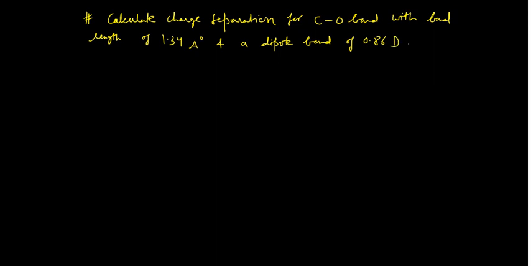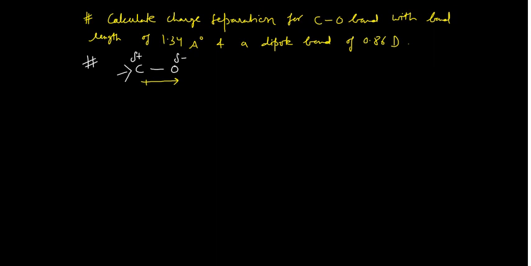This is quite a simple problem, and you may encounter it in your JEE Mains or JEE Advanced examination. Say for example, this is carbon single bond oxygen. Of course, it would be tetravalent from here. The carbon is positively charged and oxygen is negatively charged because oxygen is more electronegative. And of course your bond dipole will have a vector in this direction.